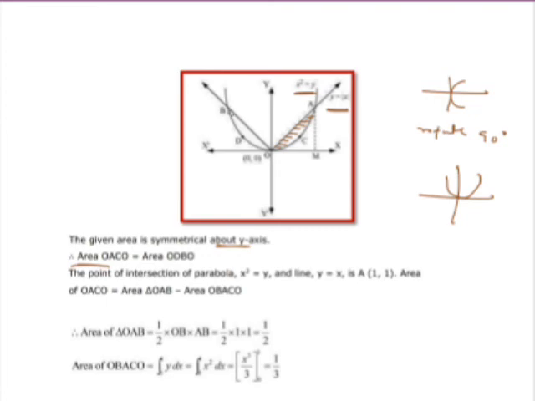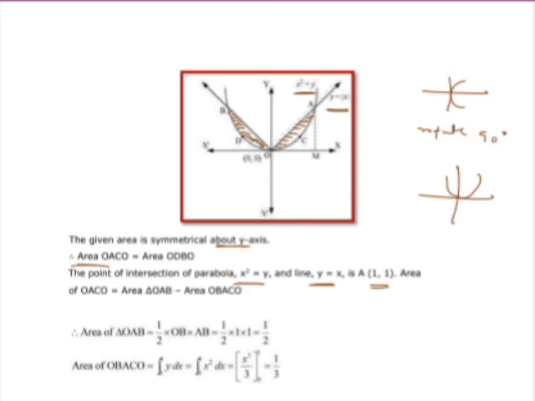These two are equal here, right? So now the point of intersection of the parabola x square equals y and the line y equals x is at 1, 1. When x equals 1, y equals 1, right? So A is 1, 1.